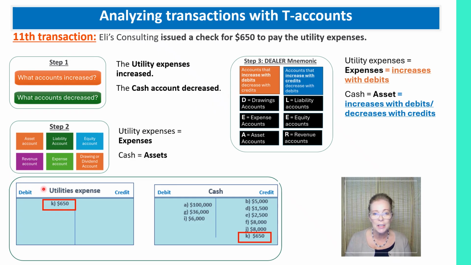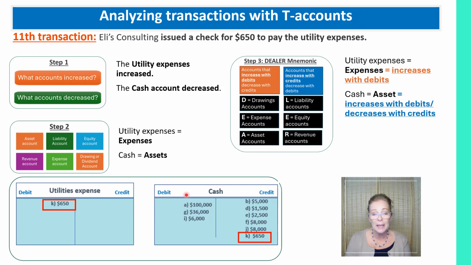We'll set up a new T account for utility expenses and write the transaction ID of K and the amount of $650 into the debit column of the utility expenses account, because we determined in step 3 that we would debit utility expenses. The amount for the cash account decreased, and cash is an asset.